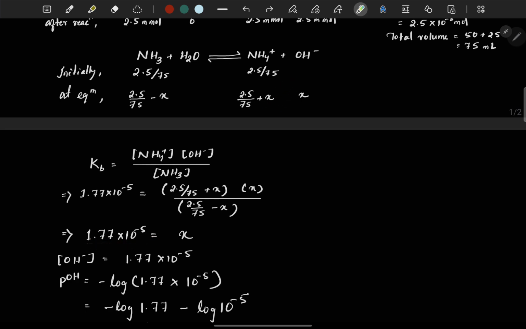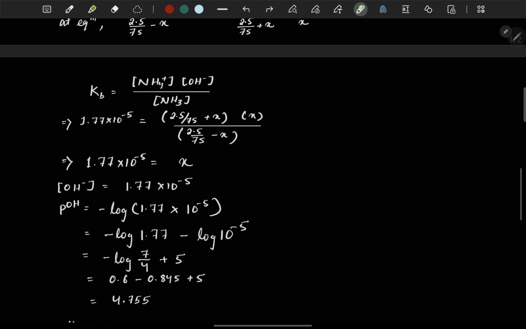Again, this is the concentration of OH minus ion. So what will be pOH? pOH is equal to minus log of the concentration of OH minus ion, which is 1.77 into 10 to the minus 5. Again, log AB is equal to log A plus log B, and multiplied with minus, this will be minus log of 1.77 minus log of 10 to the minus 5.